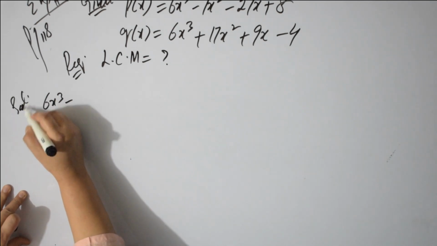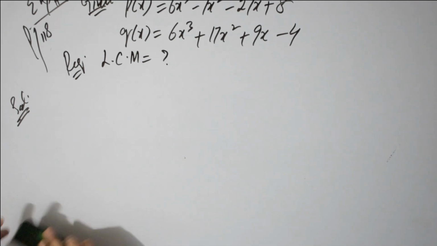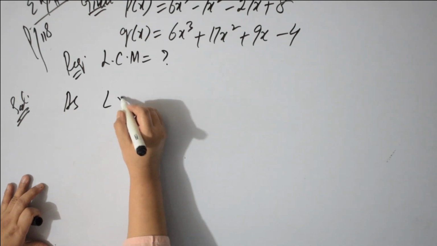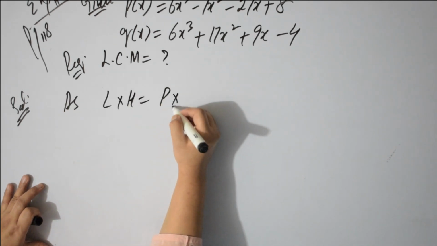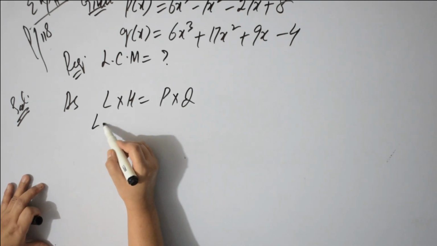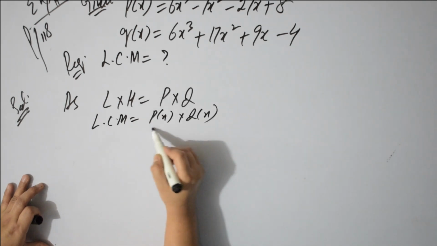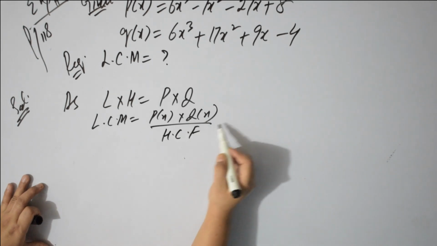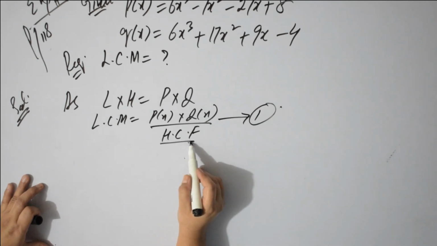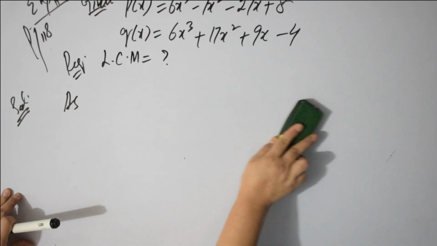It's better that you students first write the relationship: LCM into HCF is equal to p of x into q of x, right? So LCM will be p of x into q of x whole divided by HCF. Name this equation 1. So first I am going to find this HCF.